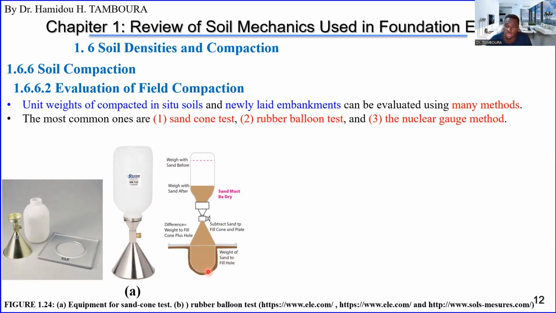And the weight of the water, we will use that to obtain the water content. And from the water content and the bulk unit weight, we have seen the formula for that, right? It can give you the dry unit weight.